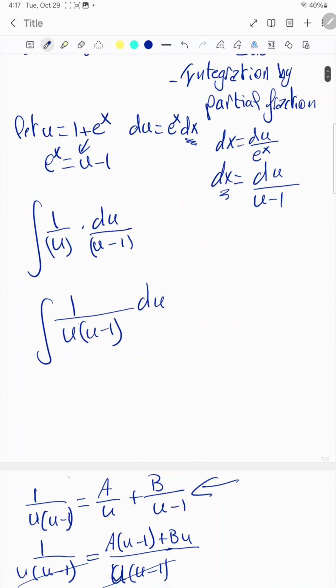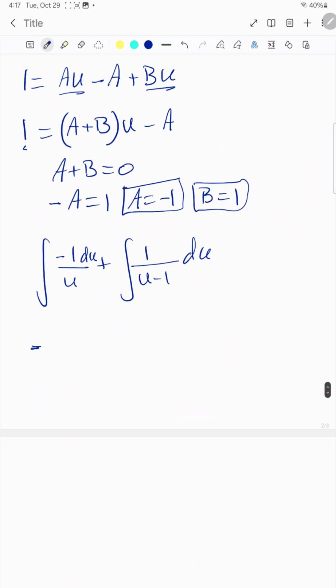The integral of 1 divided by u is ln or log of the absolute value of u, because log of a negative number does not exist, plus log of u minus 1, plus c.